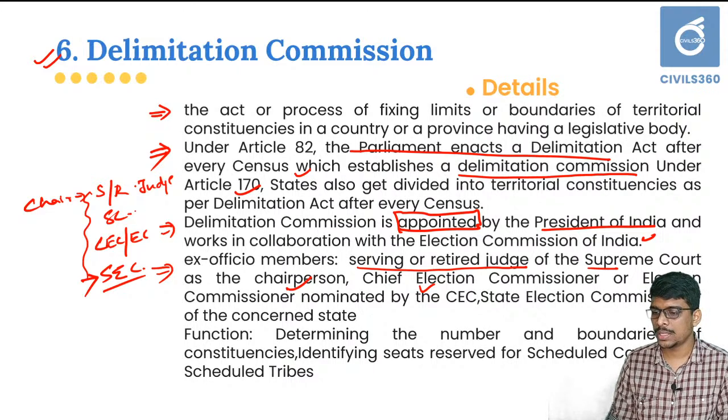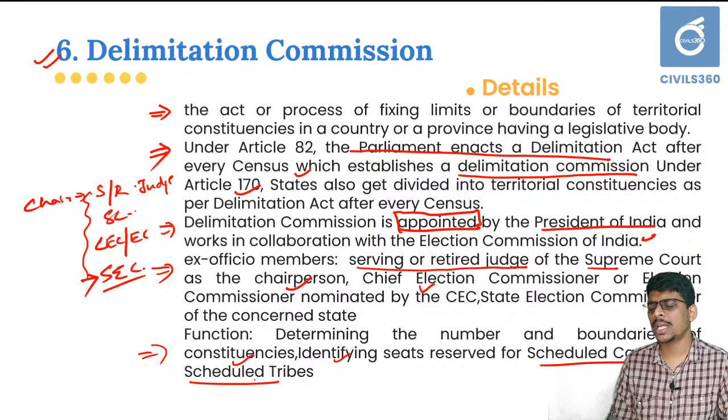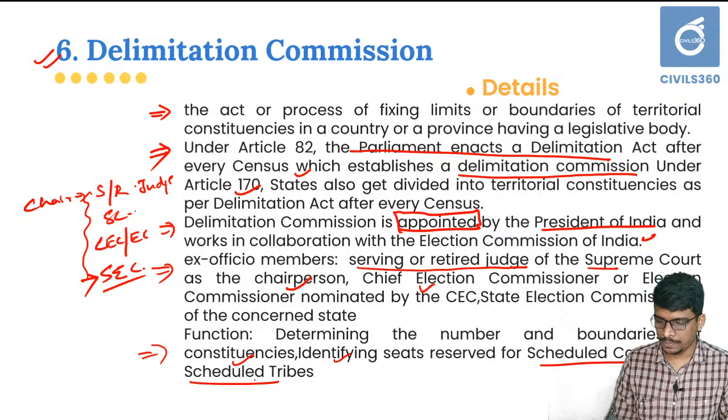Okay, just understand the basic things. The function is determining the number and boundaries of constituencies and identifying seats reserved for scheduled castes and scheduled tribes. For example, there can be a question: which of the following entities will determine the seats reserved for scheduled castes or scheduled tribes?